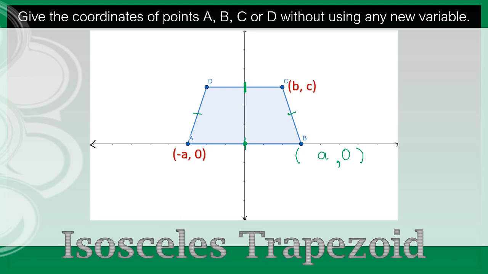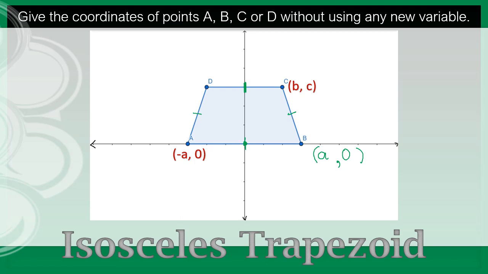Here we have negative A, since point A is located on the negative x-axis, while point B is located on the positive x-axis. Therefore, we would have A, 0 as our final coordinate. Let me edit this one for a while. So here we have negative A, 0.